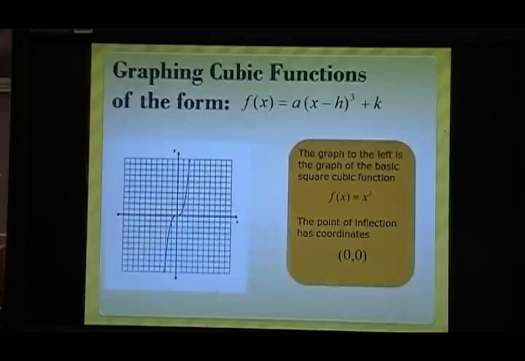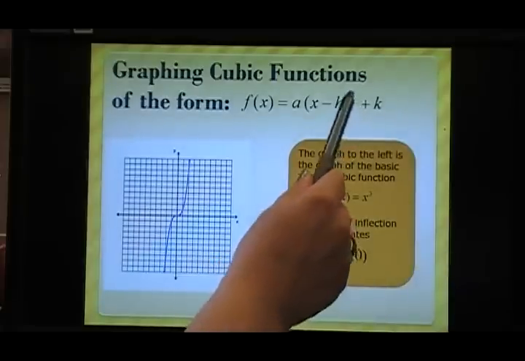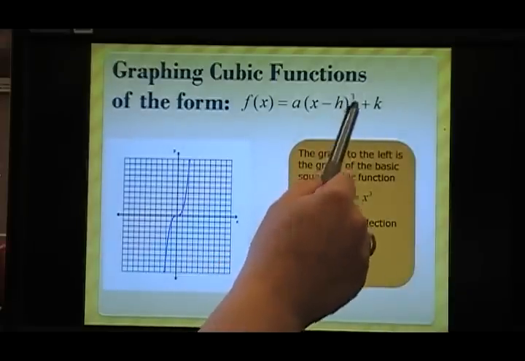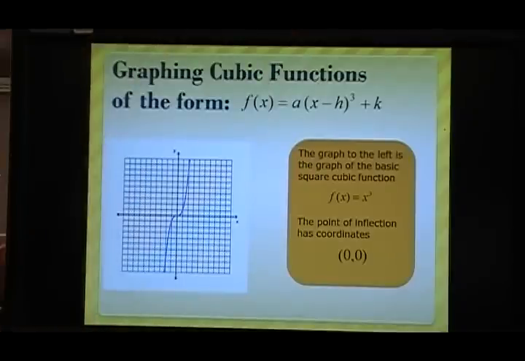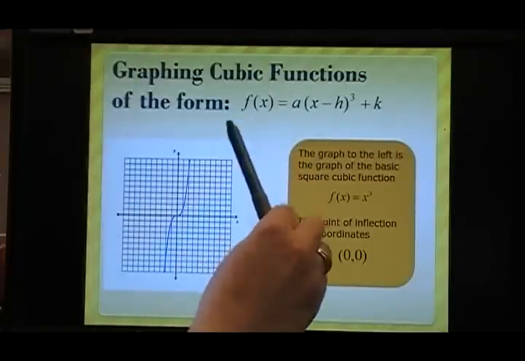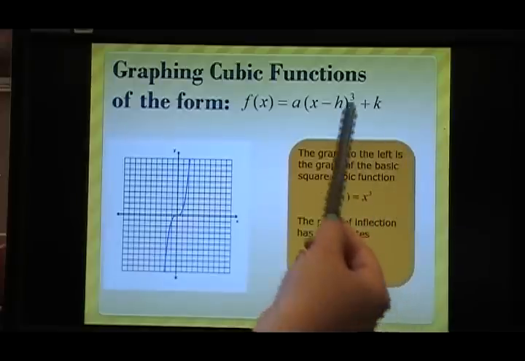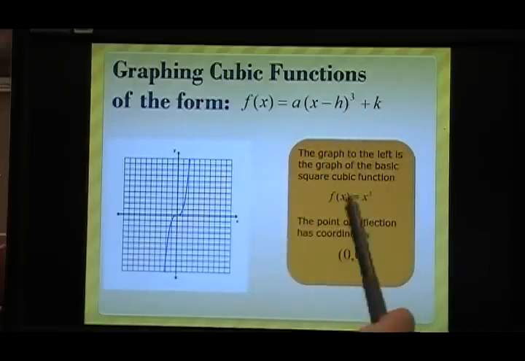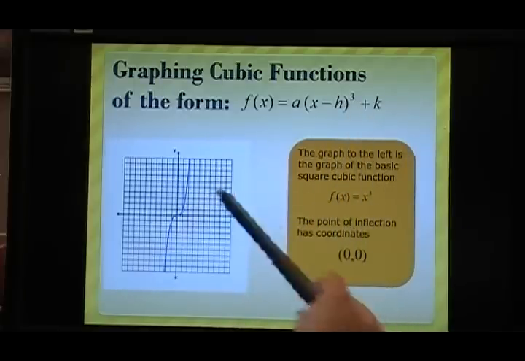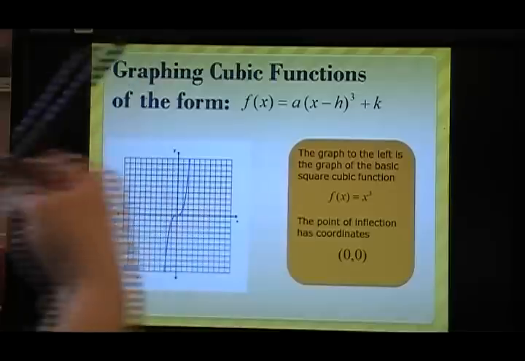Okay. Cubic functions. So cubic functions, we've got this something cubed going on in our function. And if we're wanting to graph cubic functions, we're going to use the same process, but the basic function that we'll start with is the basic cubic, which I have graphed for you here.